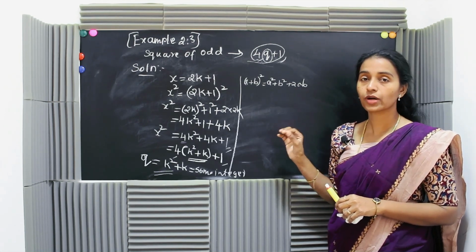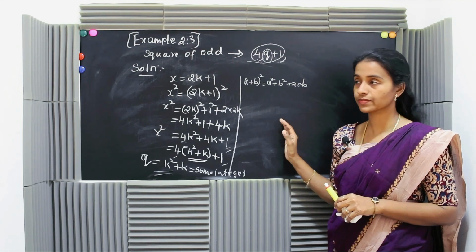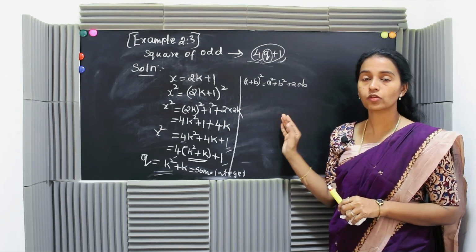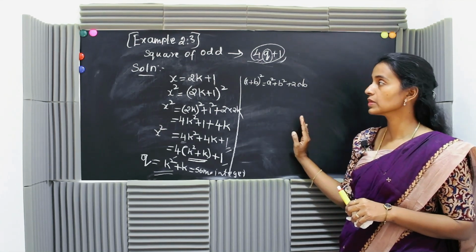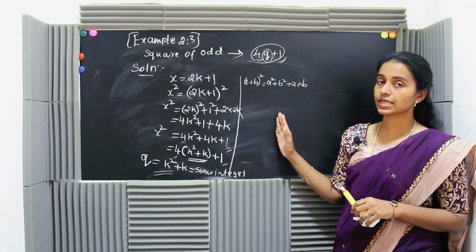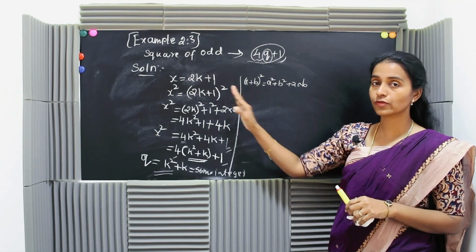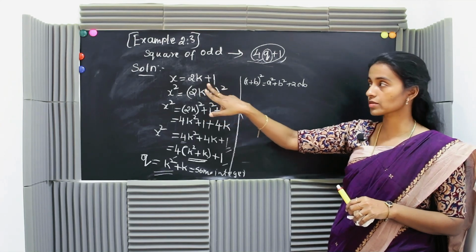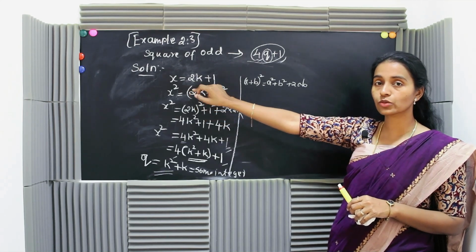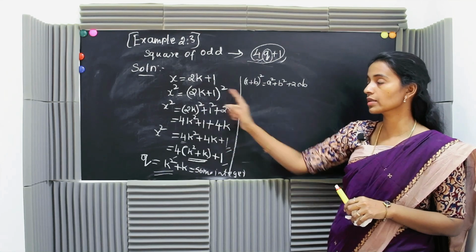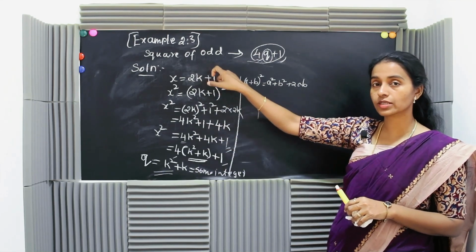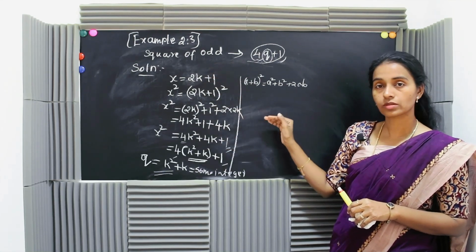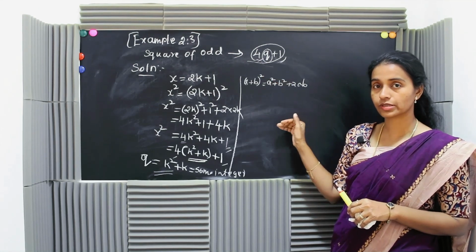You have to read this carefully. Then you can solve the problems easily. So in this case you should remember the formula for generating odd integers, that is x is equal to 2k plus 1. If you remember this formula, you can find out what has been asked in the question.